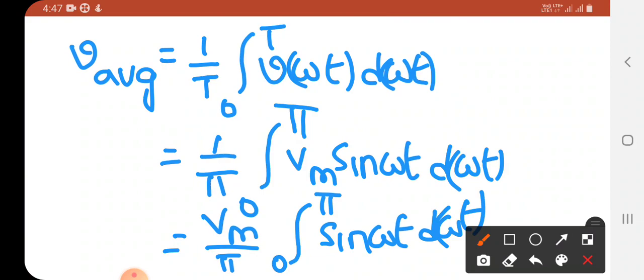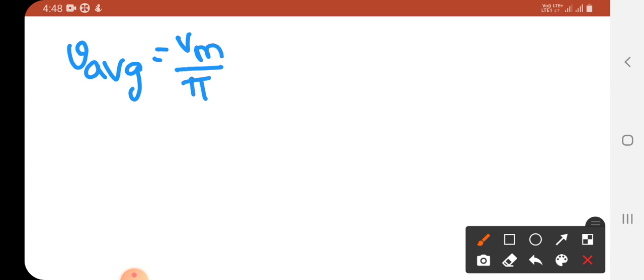So hence you can write V average is equal to Vm by pi, minus cos theta or cos omega t at limits 0 to pi.